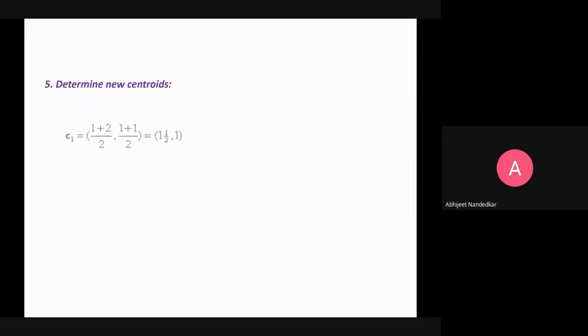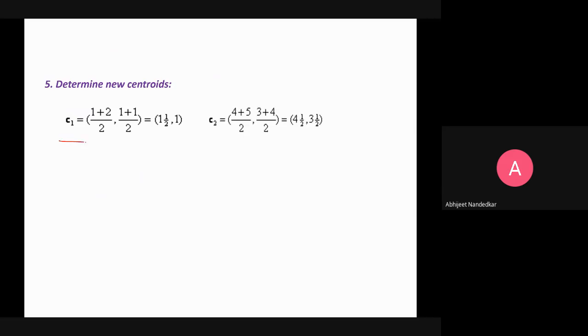Now, since we have changed sample B from group 2 to 1, group 1 consists of 2 samples. Earlier it consisted of only 1 sample, now it has 2 samples. So we have to change the centroid.